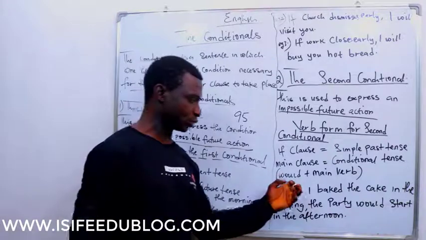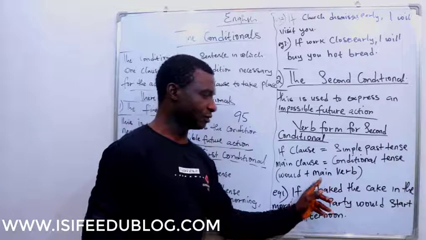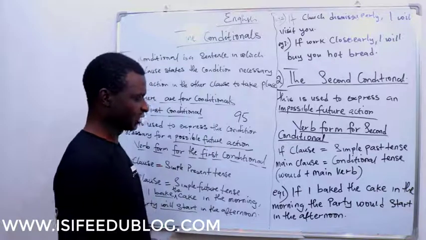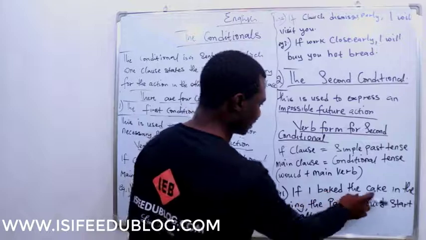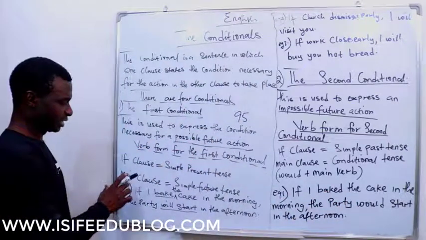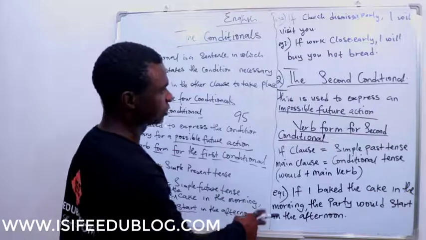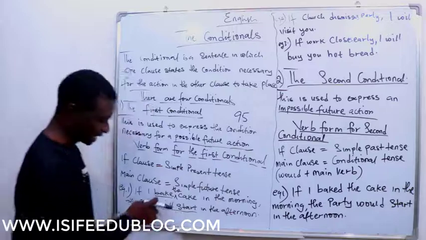By conditional tense, we mean would plus the main verb. So examples are: we're still lifting the example we have here to modify it to suit the second conditional. If I baked, no longer bake now.